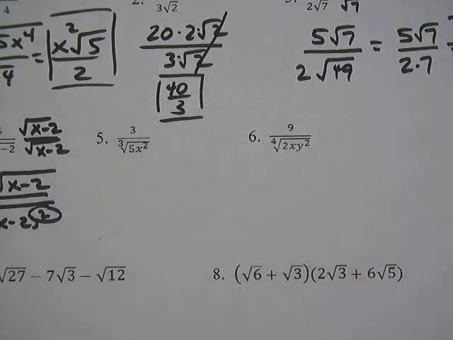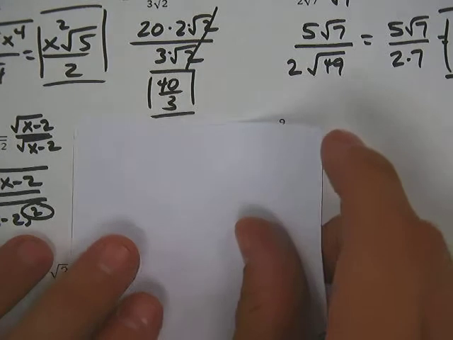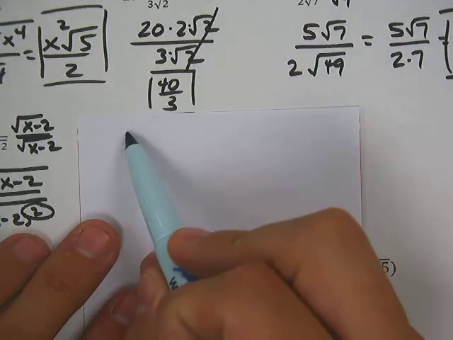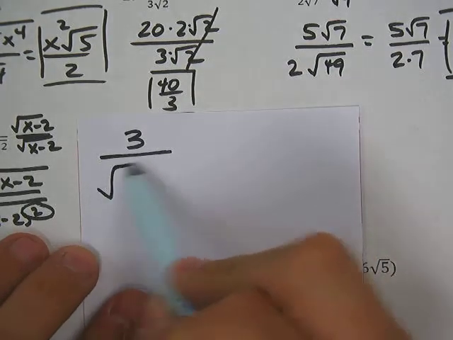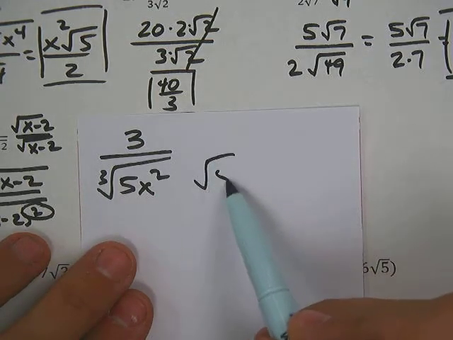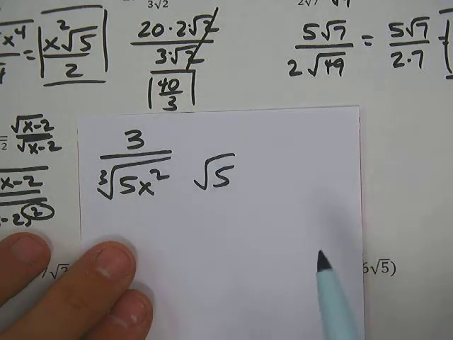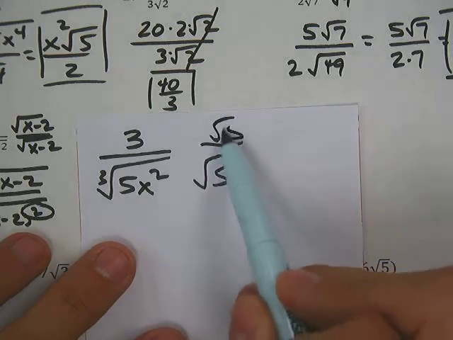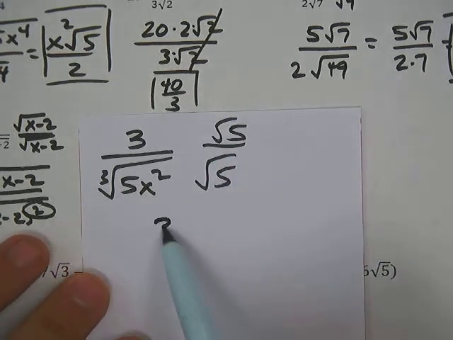So if it is a cube root, we don't just need to multiply by root 5, because you would end up getting root 5 squared, and you still don't know what the cube root of 5 squared is. So for instance, let me write that down here. So here's the situation you want to avoid. Before, we just multiplied by root 5.